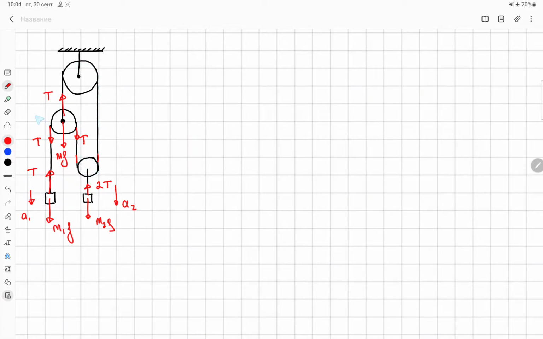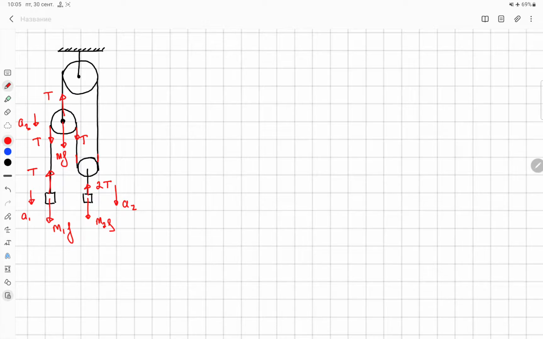And this pulley is moving downward with acceleration a3. Also it's moving downward again because we don't know the numbers, how many kilograms. We cannot guess. So I'm assuming all these three objects move downward. But in real life, in terms of physics, it's impossible.